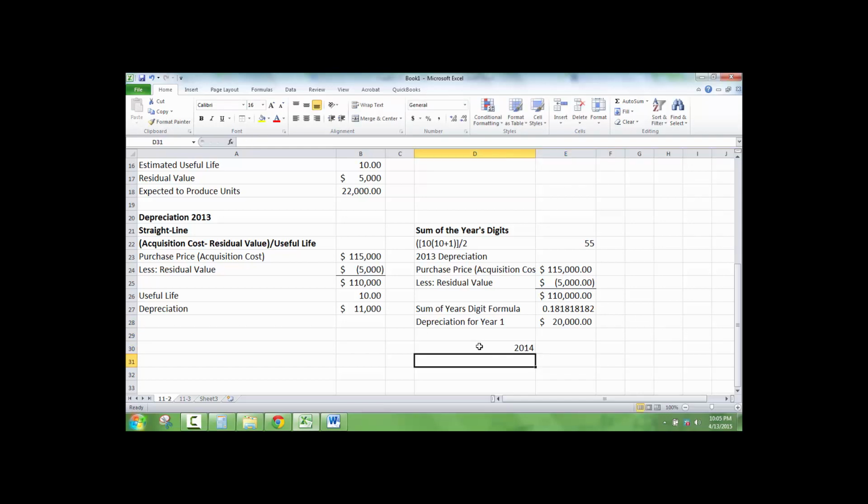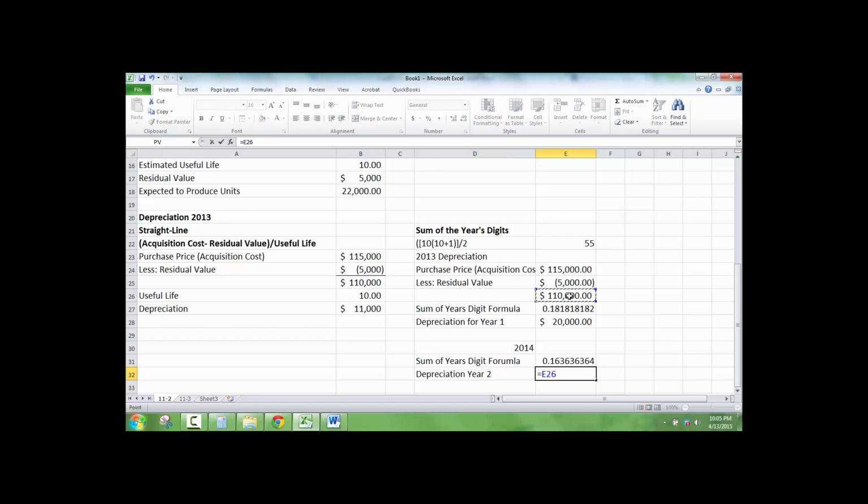2014. Sum of years digits formula equals 9 years remaining divided by the 55. Depreciation year 2.